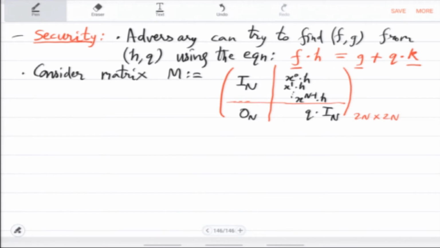So these are cyclically permuted rows. Okay, so that's the matrix M.